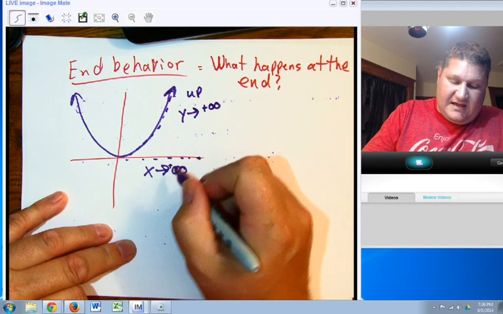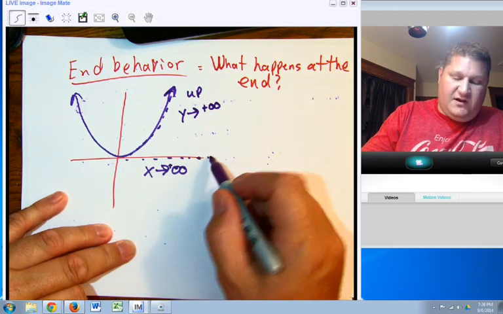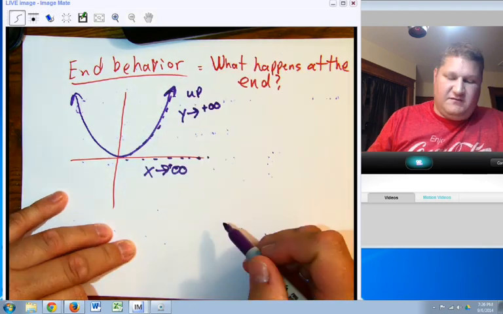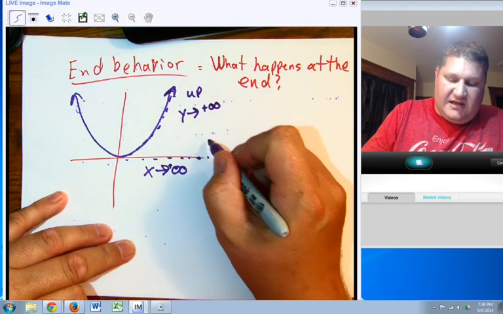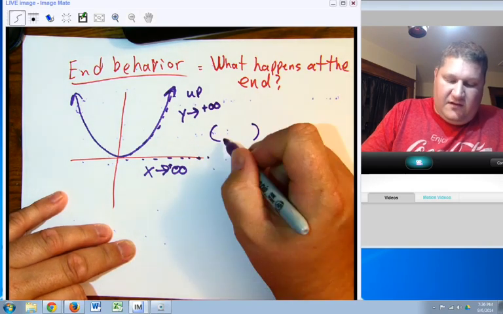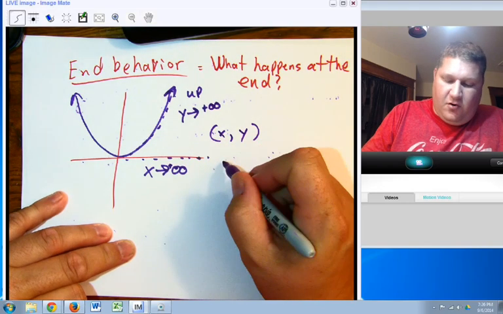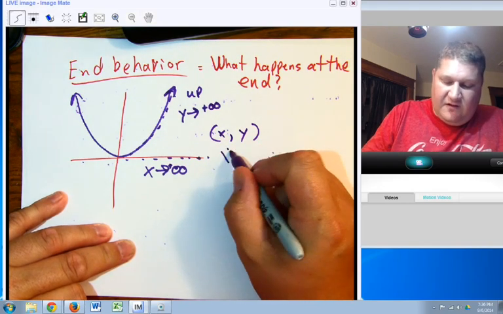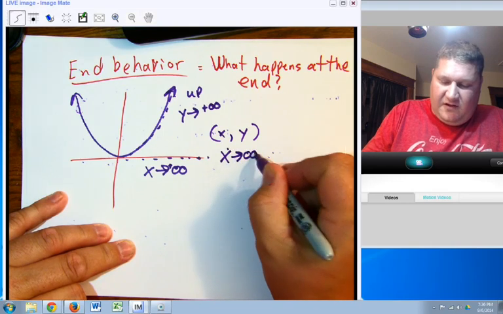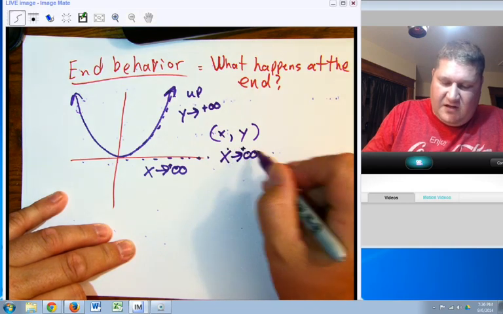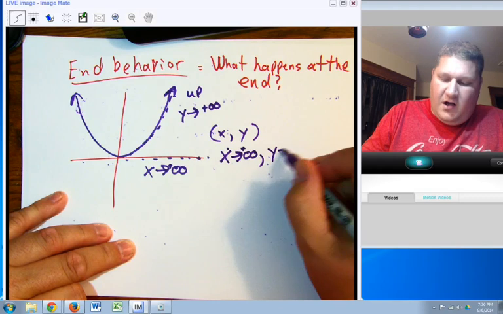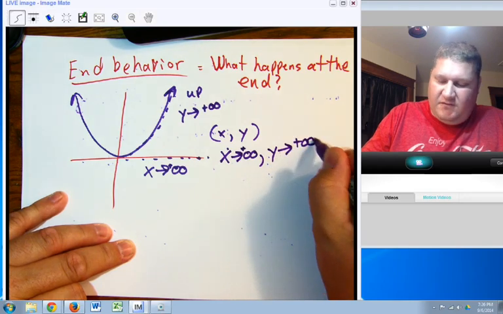So as x goes to positive infinity, y goes to positive infinity. Just like every point we ever write, we have an x part and a y part. End behavior always has to be written in two pieces. As x goes to positive infinity, comma, y also goes to positive infinity.